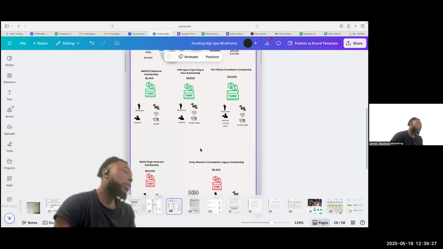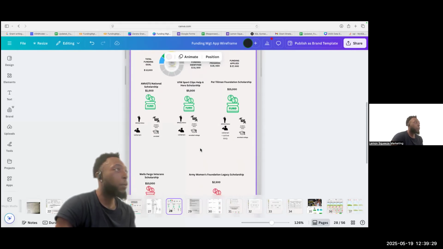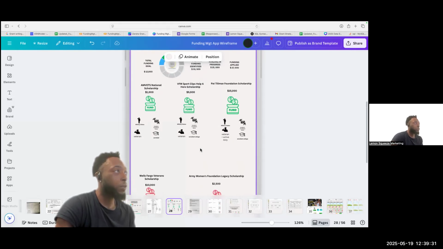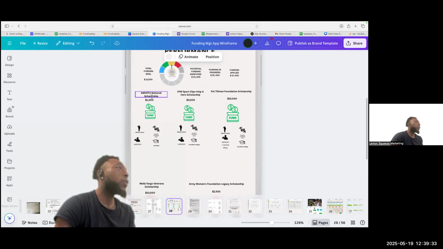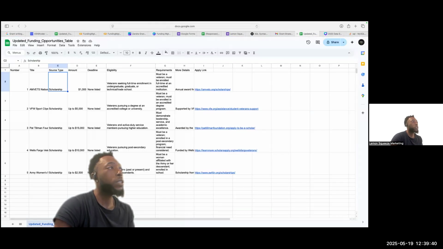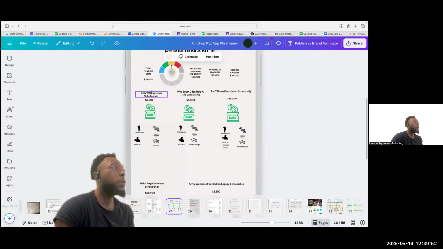Let's go into the eligibility requirements for each one of the funds. For fund number 1 that we've identified, what are the qualifications? If we go into the spreadsheet for a second, this one says must be a veteran and must be enrolled full-time at an accredited institution. If we go back to our wireframe, this is going to be from our military status.